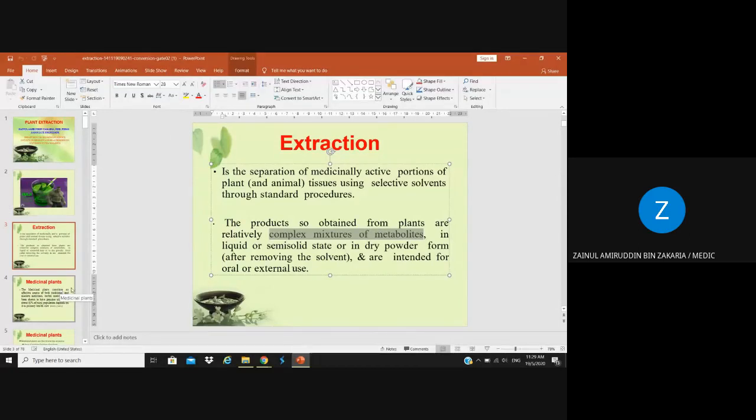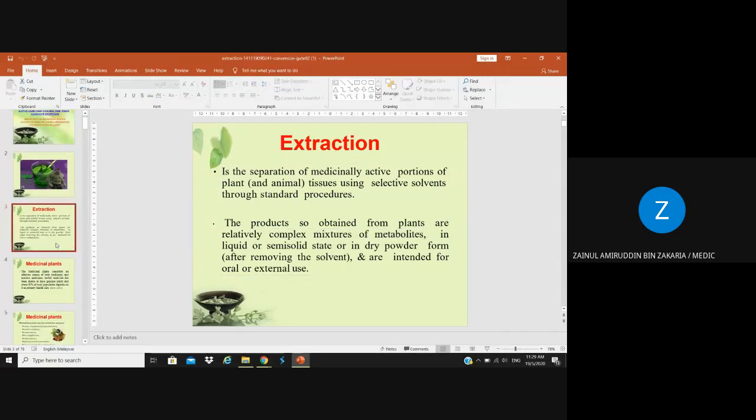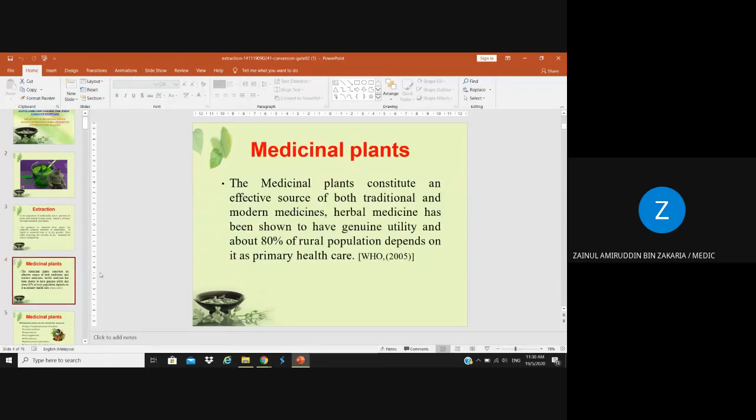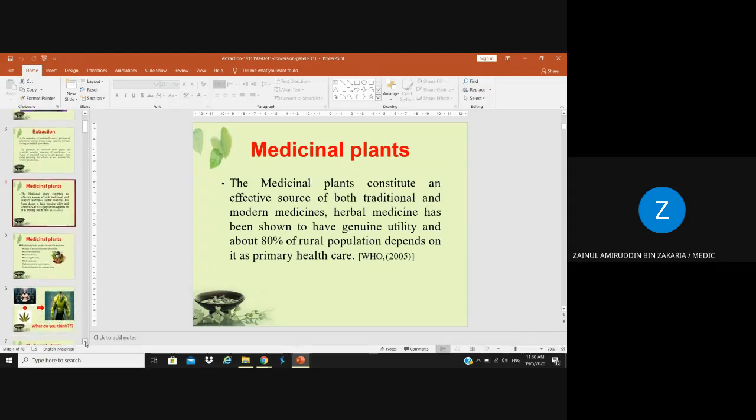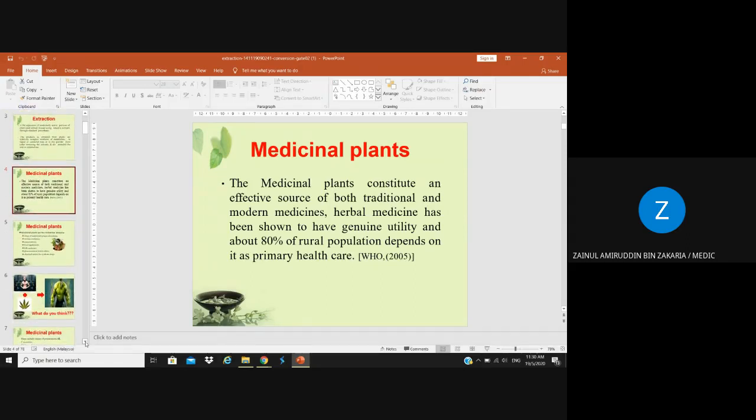Okay, so it requires extensive, in-depth study for you to get the end product, which is a drug or medicinal product that is effective but non-toxic for human consumption.